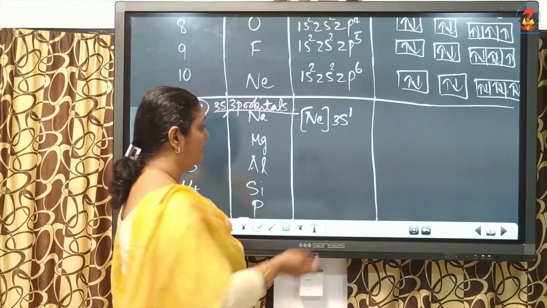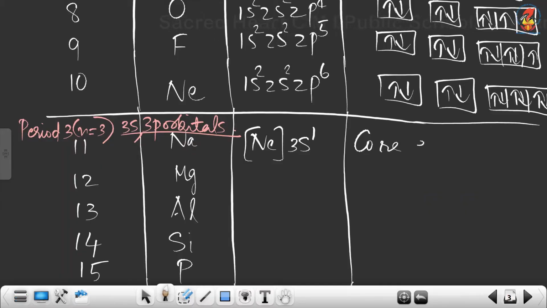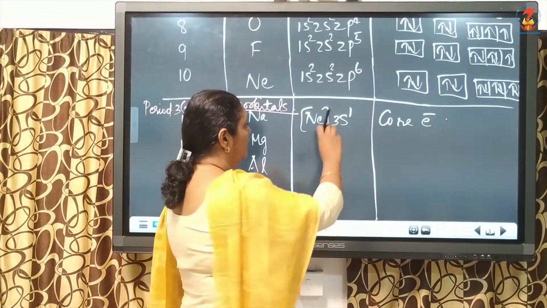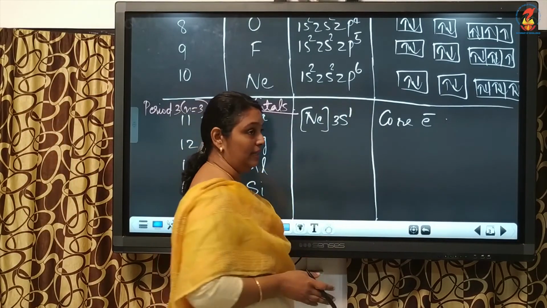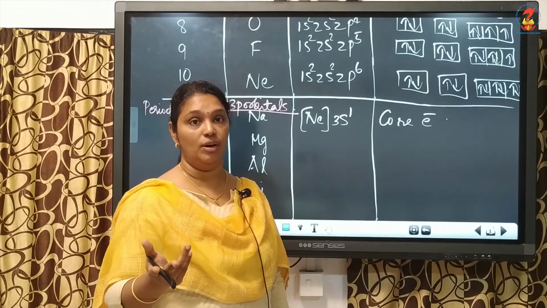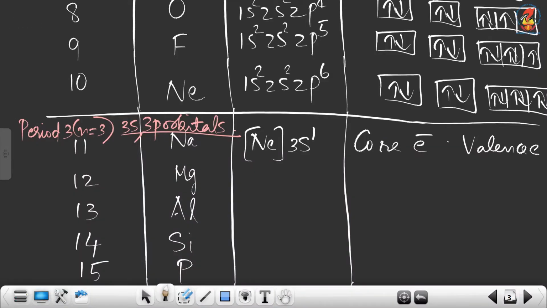We call the neon written in square brackets the core electrons, that is, the completely filled orbitals shown with the noble gas. The electrons written outside the bracket, that is, the electrons added to the next highest principal quantum number, are called valence electrons. Looking at neon 3s1, the number of valence electrons in sodium metal is 1.